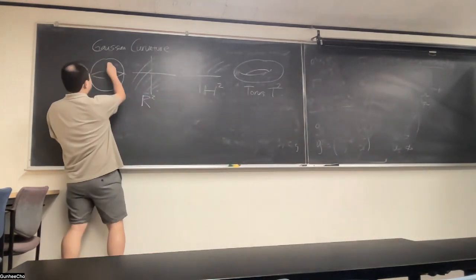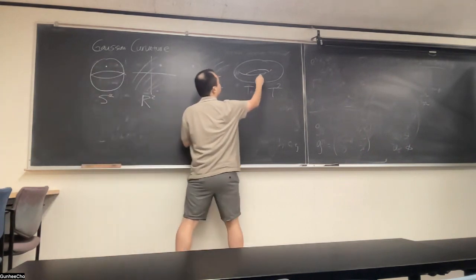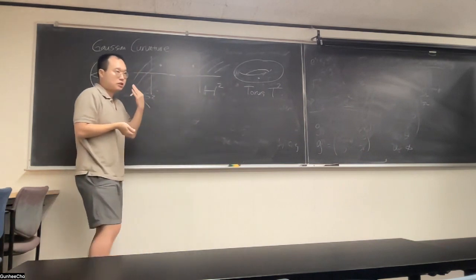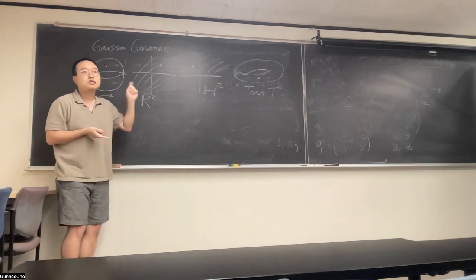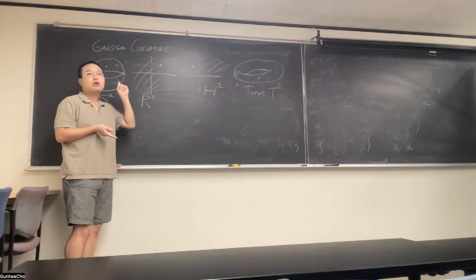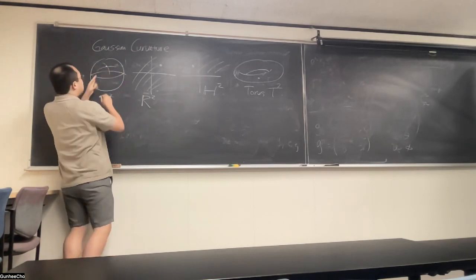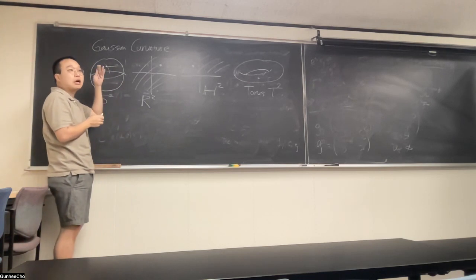Here, let me just choose any point. So let me first explain without using any formula. Then what you need to do is consider any possible so-called C2 curve, any curve passing through the fixed point. Got it? So you can really imagine what it should be.